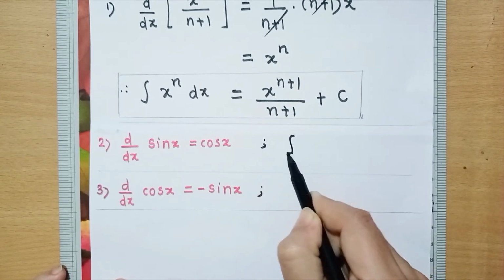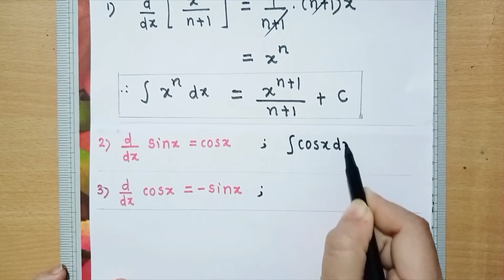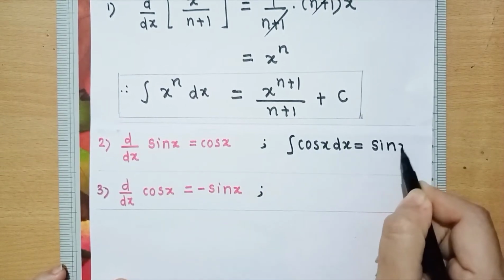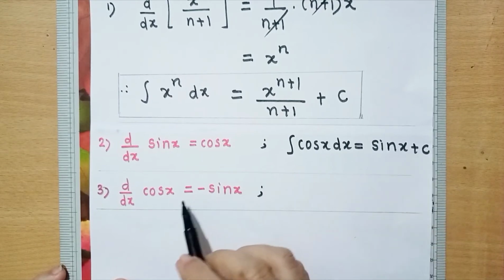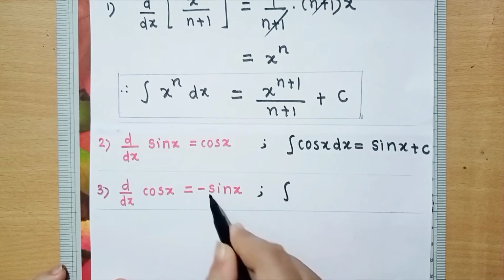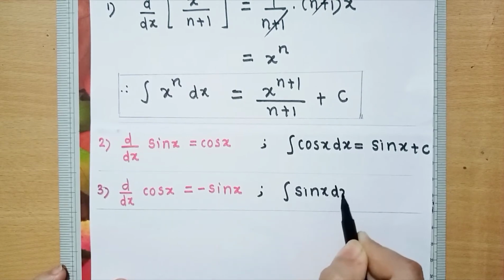Therefore, we can write integration of cos x dx is equal to sin x plus c. Second formula is also like this. We will write integration of sin x dx.